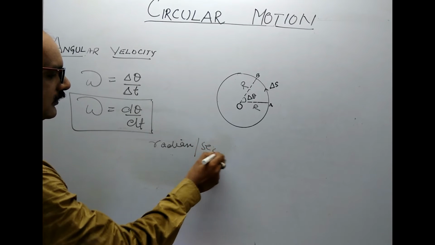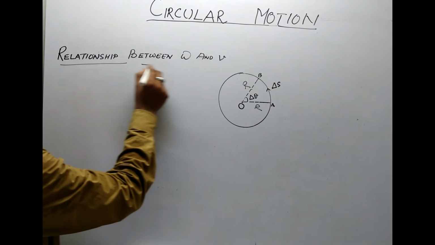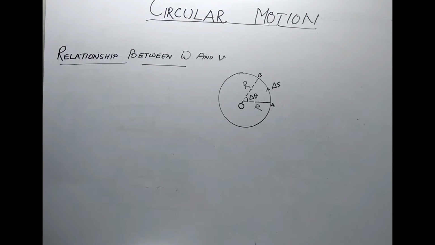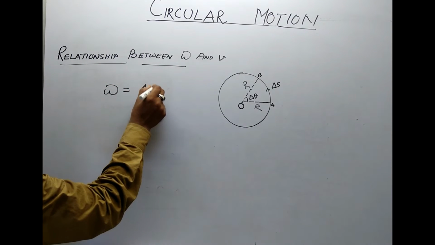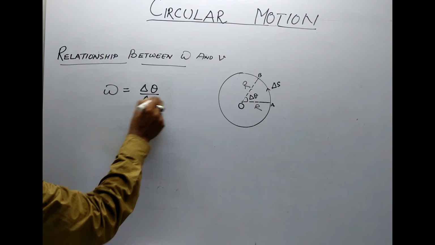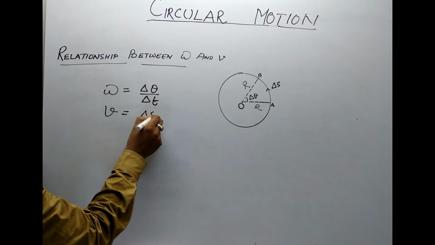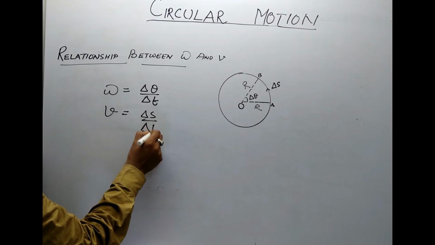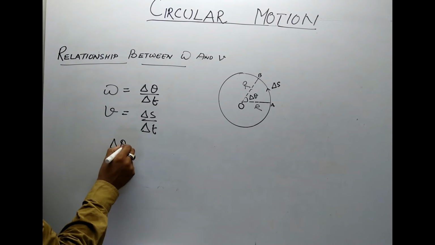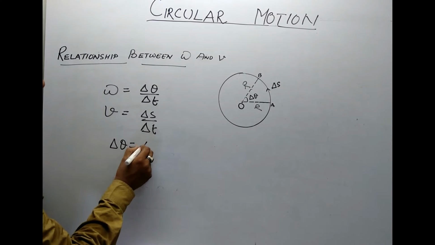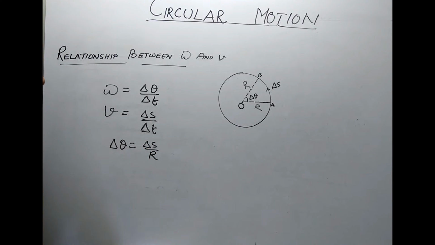Now we are going to discuss relationship between angular velocity and linear velocity. We know that omega equal to delta theta by delta t, and v equal to delta s by delta t. Right. Now delta theta equal to delta s arc upon radius.